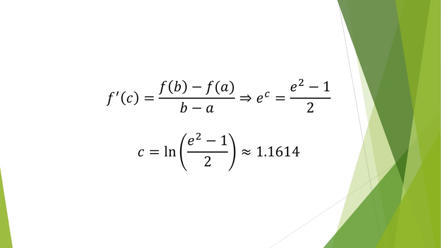And if you were asked to round to 4 decimal places, what you would get is 1.1614. And again, if you check back at the statement of our problem, this value of c does fall strictly between 0 and 2. It does fall within the interval that we had.